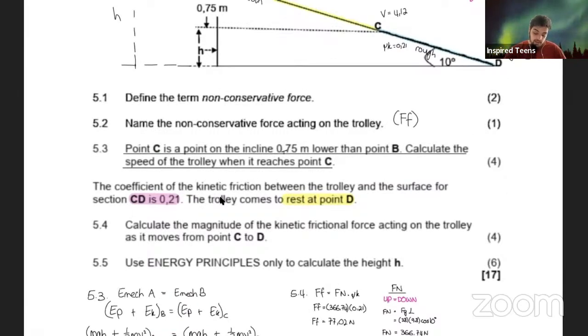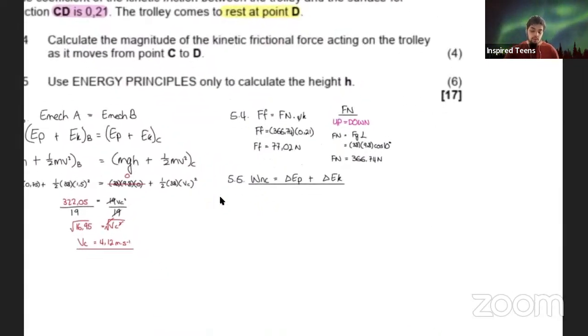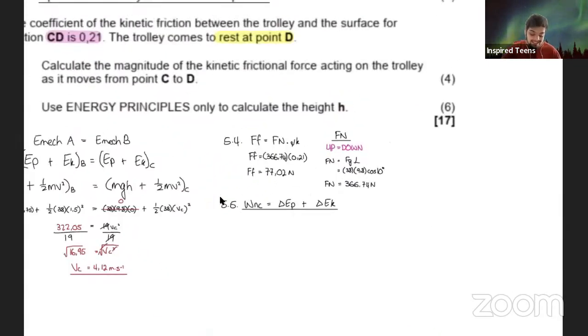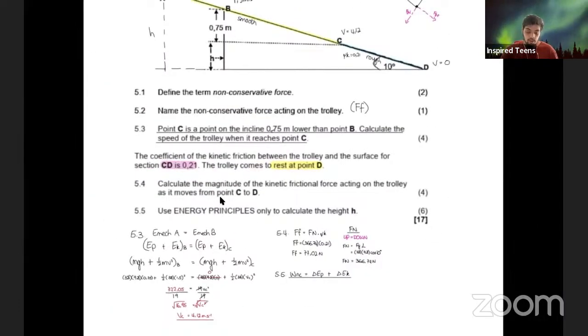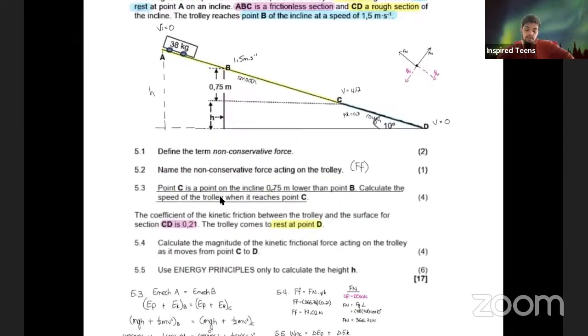And we got to a point where we are now going to use WNC, which is one of the most common formulas, and we'll do that next week, and then we'll move over to a different question.